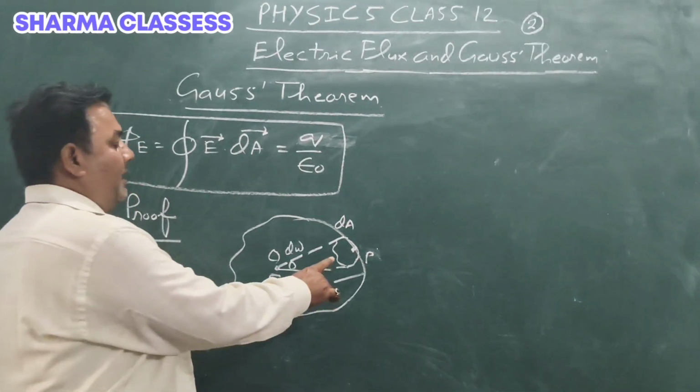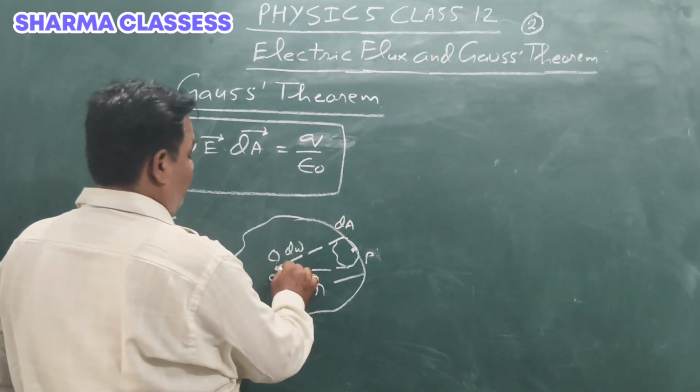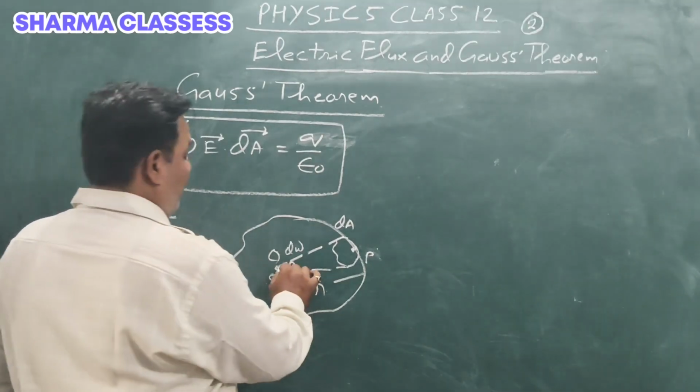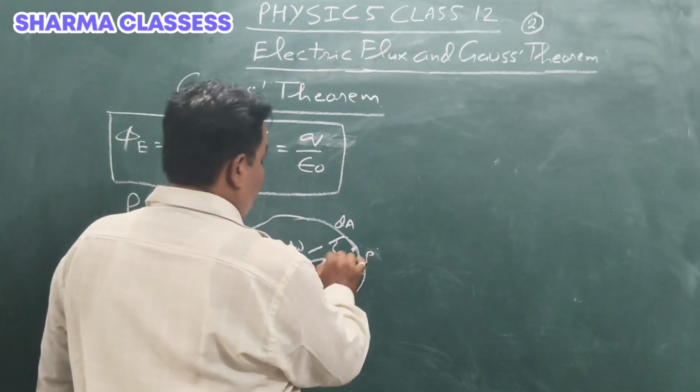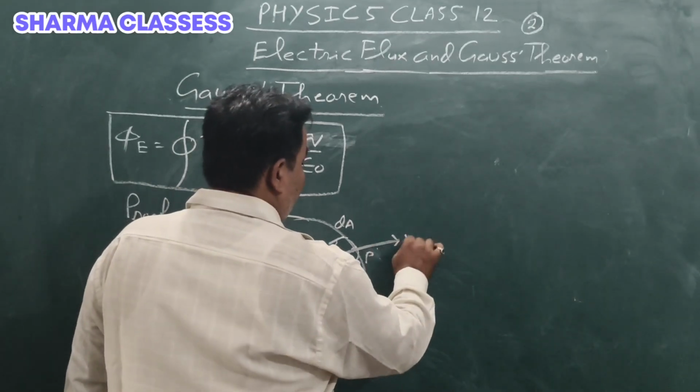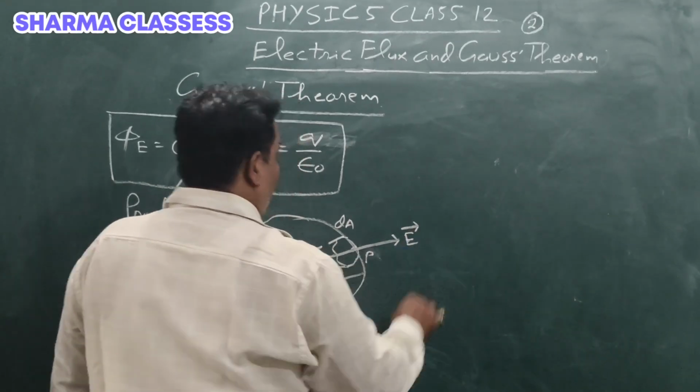To find it, we see the direction of the area vector and the electric field. The electric field is directed radially outward from the closed surface.